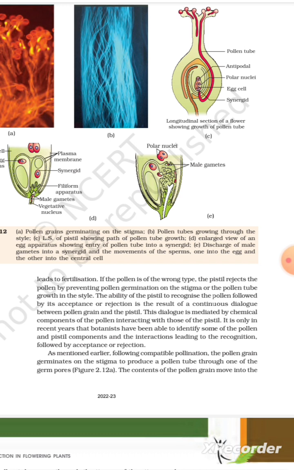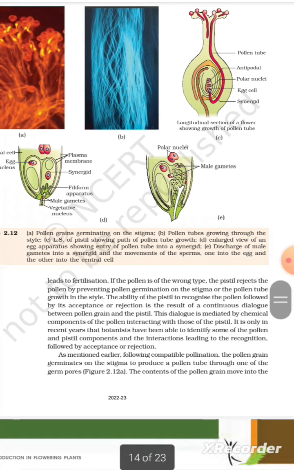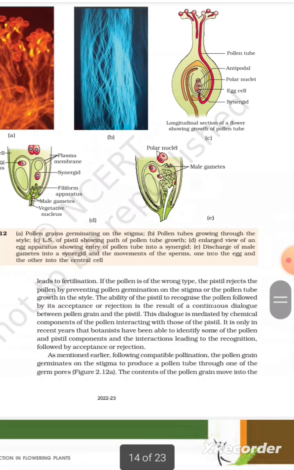As mentioned earlier, following compatible pollination, the pollen grain germinates on the stigma to produce a pollen tube through one of the germ pores. Figure 2.12a, pollen grain germinating on the stigma. B, pollen tubes growing through the style.